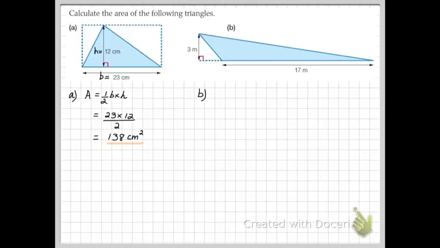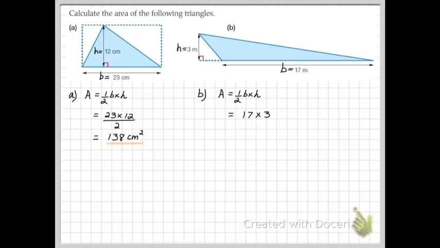For example B, the base is 17 metres, and here, when we draw it perpendicular to the base, the height actually sits outside the triangle. And the measurement is 3 metres, so h equals 3 metres. Write down the rule, area of a triangle equals half base times height.